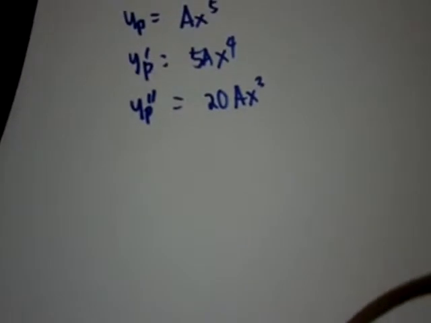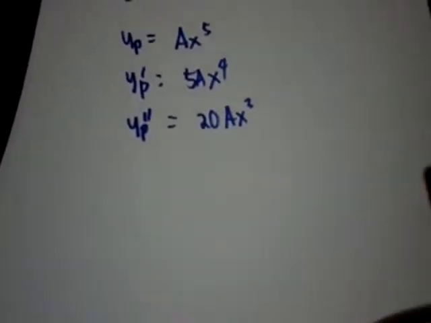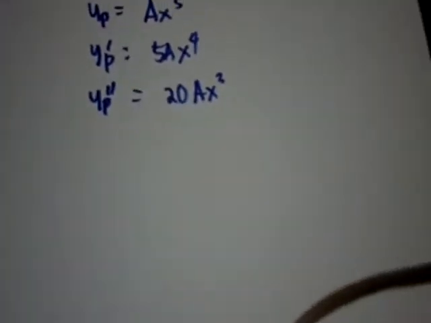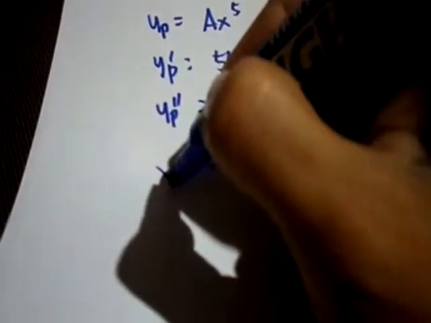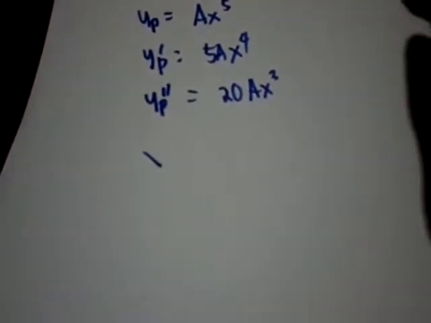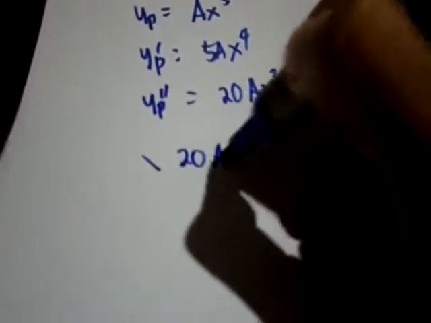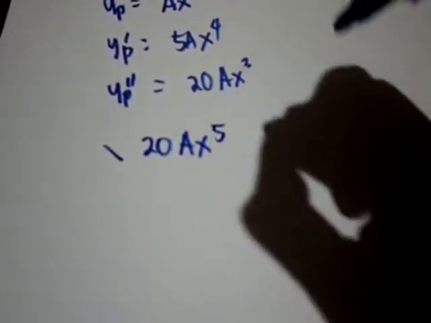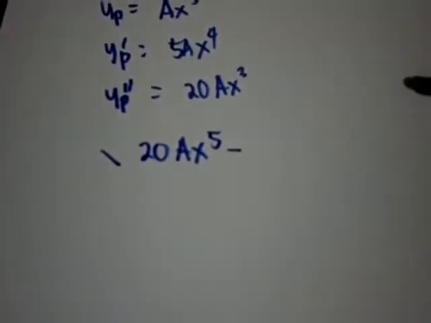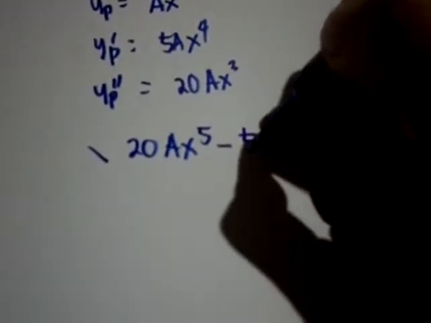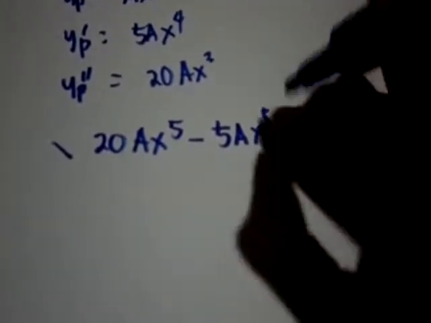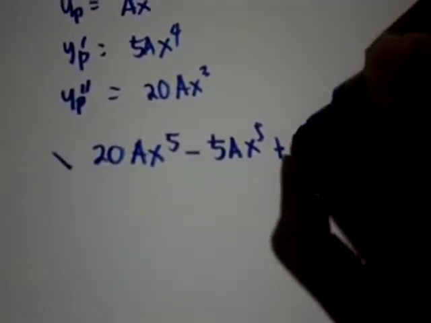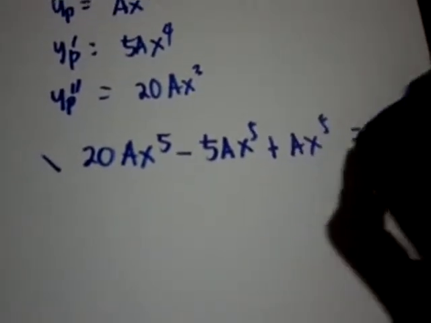Substituting the values of yp prime and yp double prime into the original equation, we have x squared y double prime, so it's 20a x to the fifth minus 5a x to the fifth plus a x to the fifth, which is equal to x to the fifth.